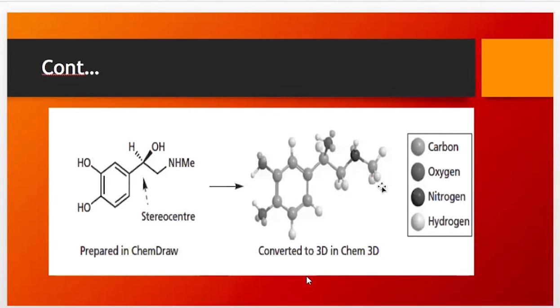But with a 3D structure, it gives you a proper orientation of these different atoms in space. Even as you are studying your compound, it's easier to visualize it in a 3D structure, and that is one of the importance of using these different softwares.